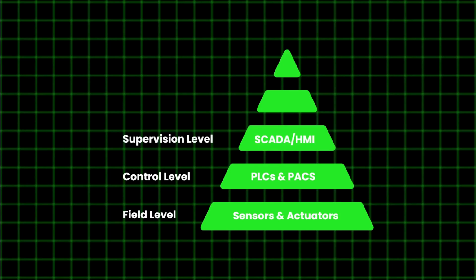Then we have the supervision level. So this next level is where you find supervisory control and data acquisition, SCADA systems, as well as human-machine interfaces, HMI. A SCADA system is a collection of software and hardware components that allows the supervision and control of plants, both locally and remotely.